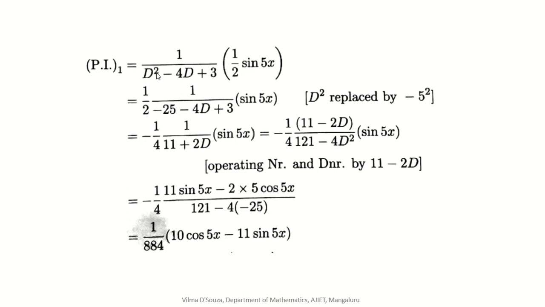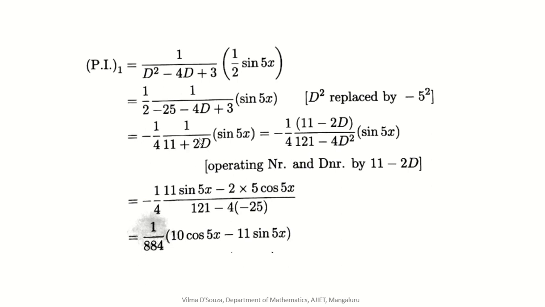Half I have taken out. Substitute D square as minus 5 square. You will get 11 plus 2D. So when you have 11 plus 2D, you multiply the numerator and denominator by 11 minus 2D.